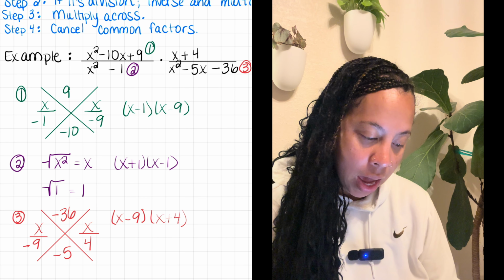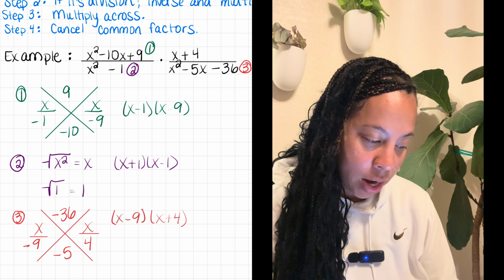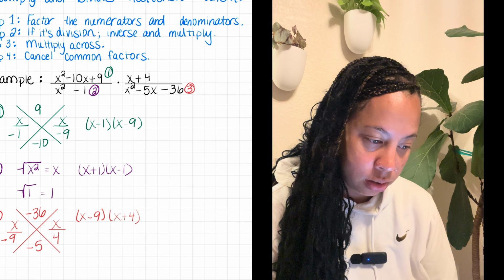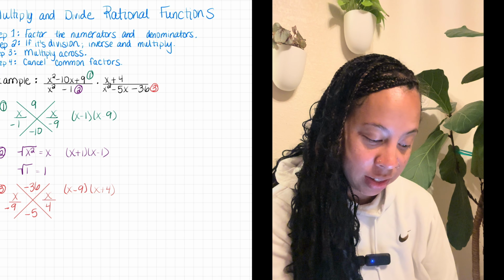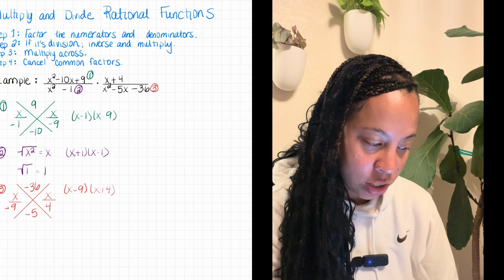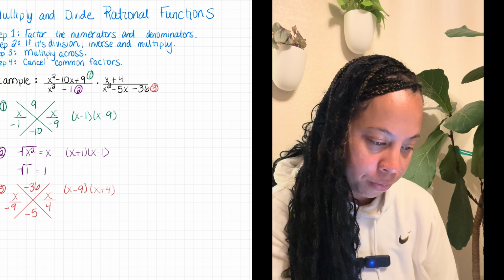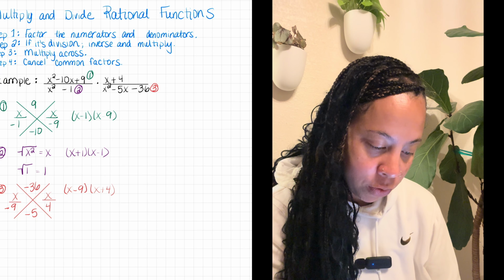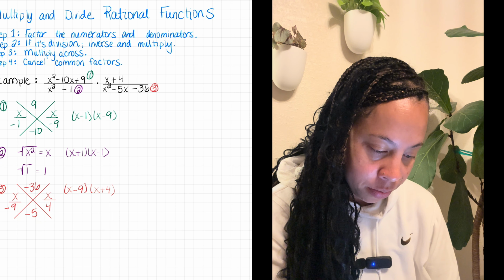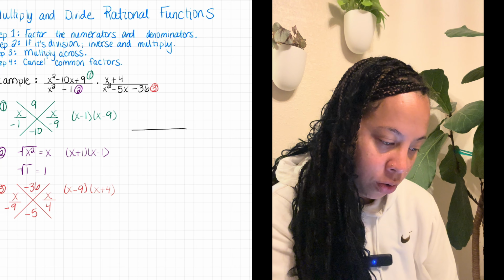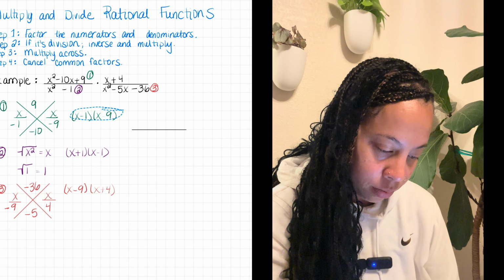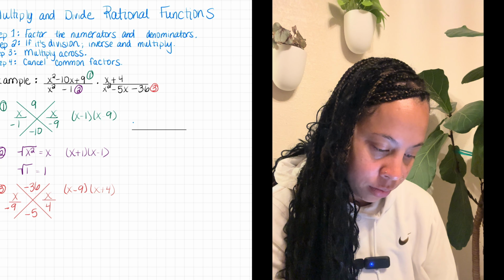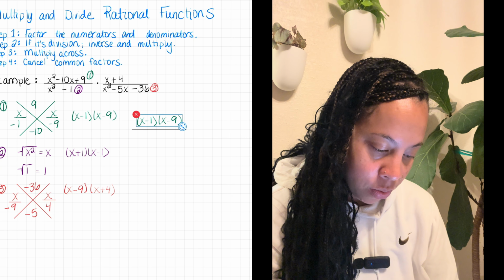Okay? And now we're just going to rewrite all of these fractions, because they're fractions just with x's in them, with what we just found. So on that first fraction there, we have this green one over the purple one.